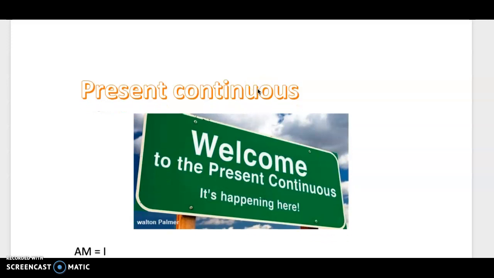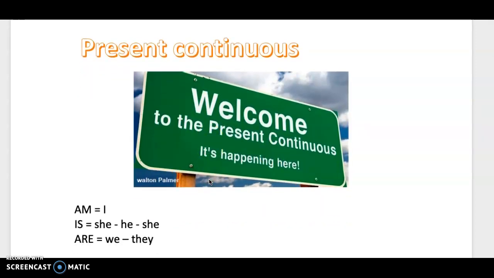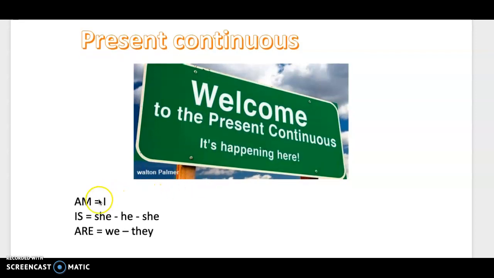Remember that present continuous is with ing, okay? Ando, endo, indo. Okay, let's continue. And the verb that is important to have is the verb to be. Do you remember what the verb to be is?